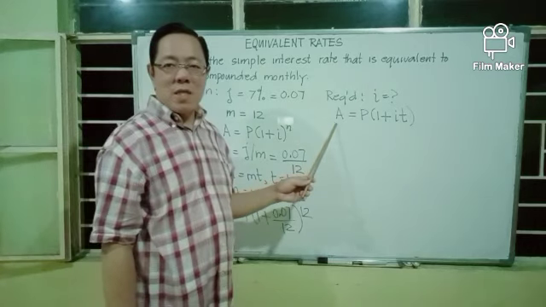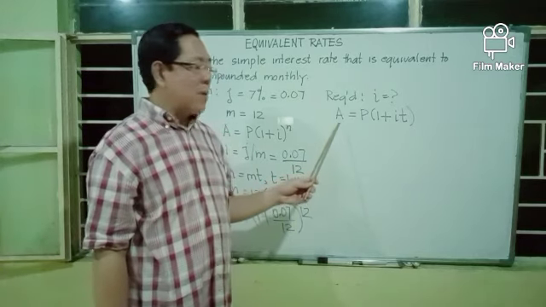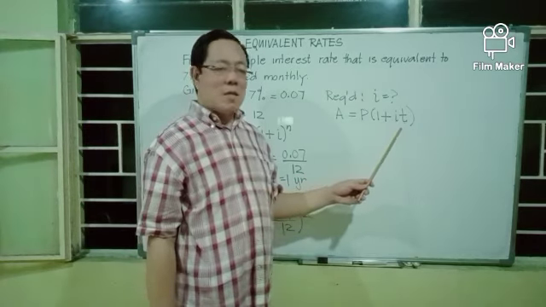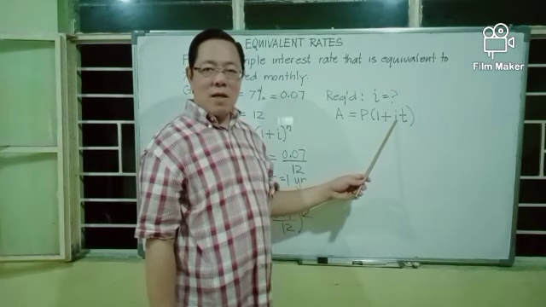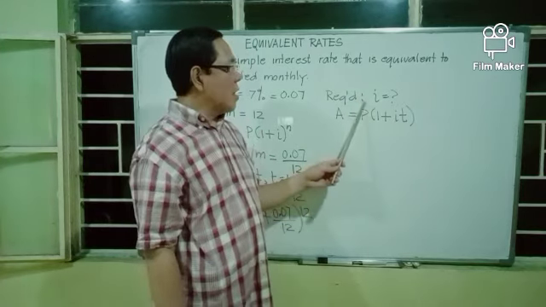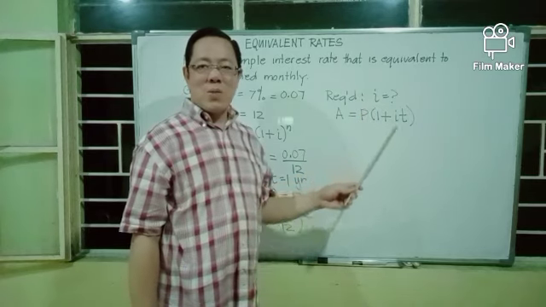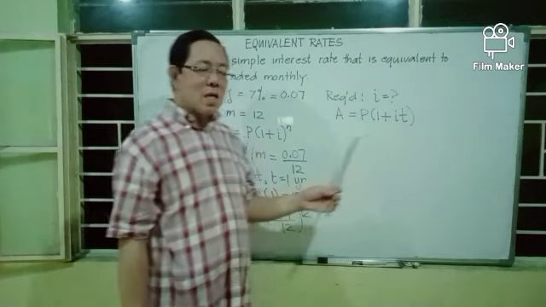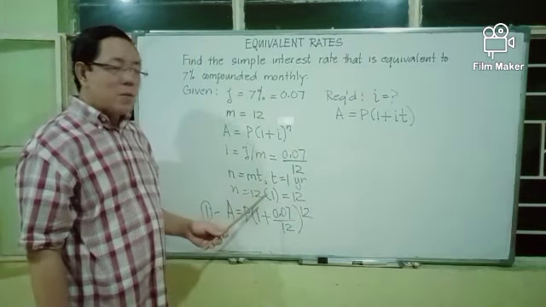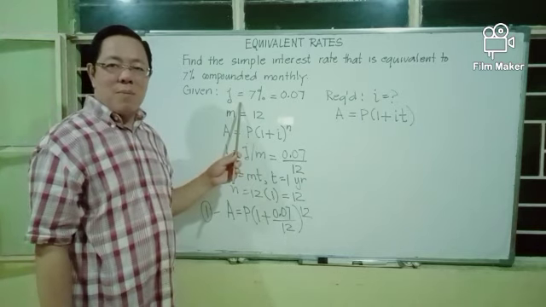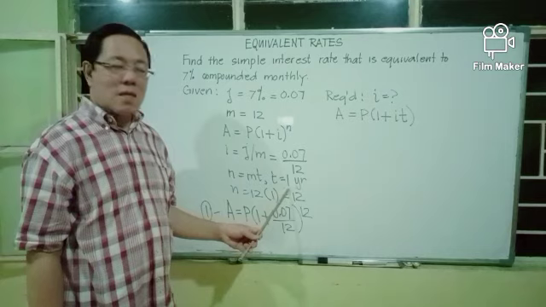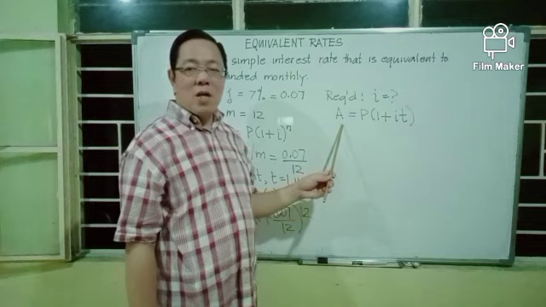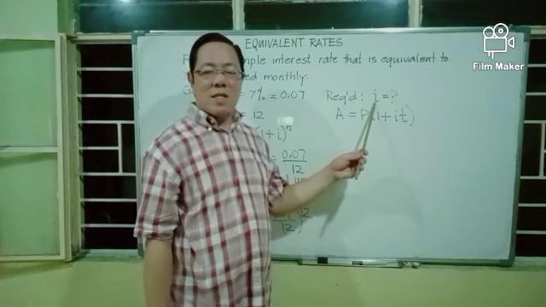Accumulated value A equals P, the principal, times quantity 1 plus i times T, where i is the simple interest rate. In this problem, i is the simple interest rate equivalent to 7% compounded monthly. And as we did for the accumulated value at compound interest, we let T equal 1 year.